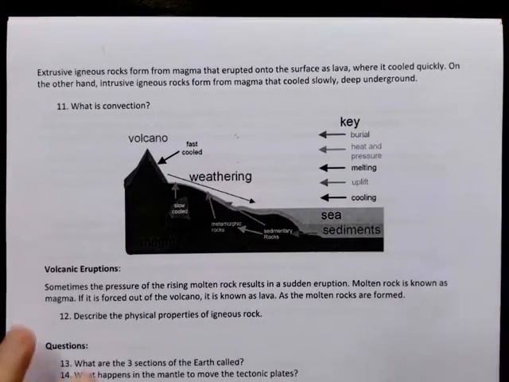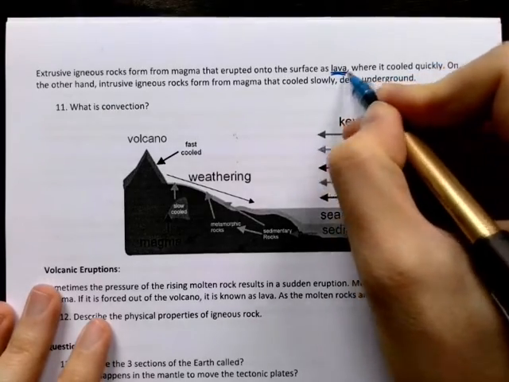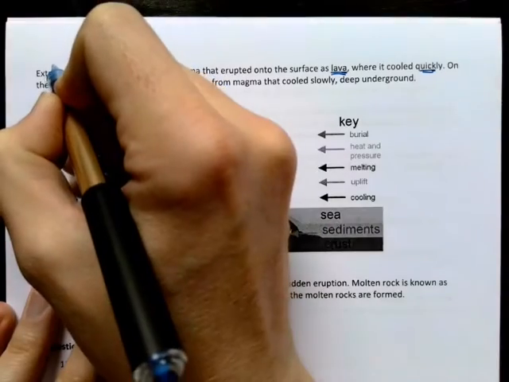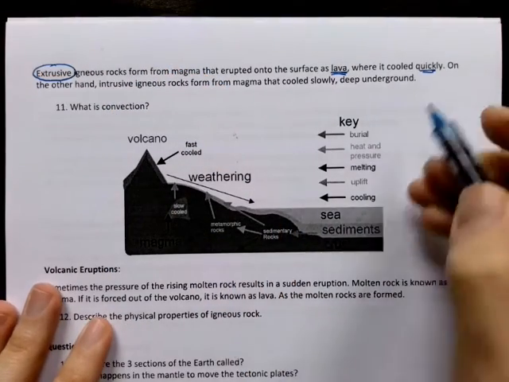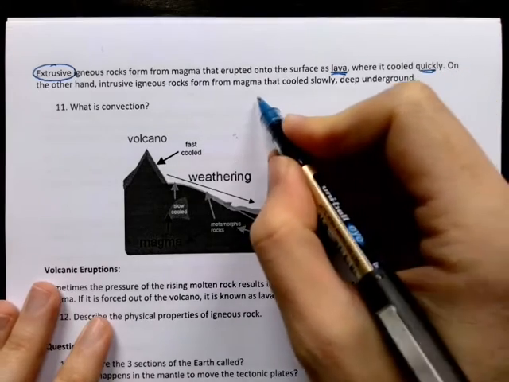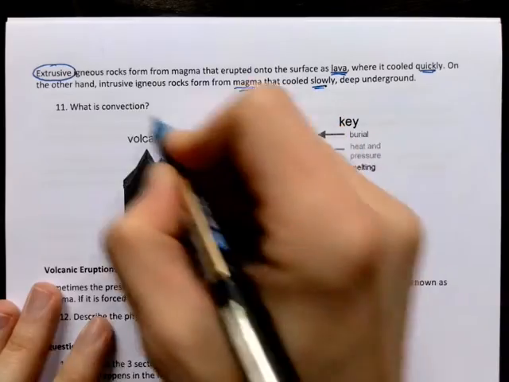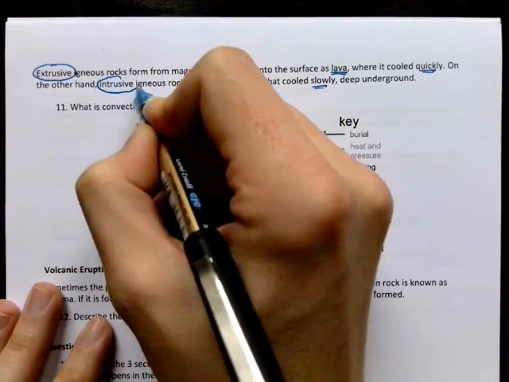the rock that forms from lava. So the rock that cools quickly is called extrusive. Okay. On the other hand, the one that forms from magma that cools slowly, that's called intrusive.